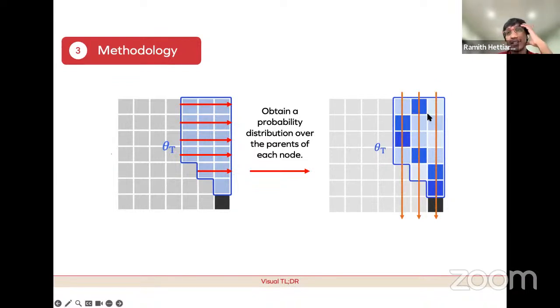As another constraint, we have a regularization such that each of these columns should be approximately 2. What I mean is, at each parent, there should ideally be 2 children. That's what we are looking for here.